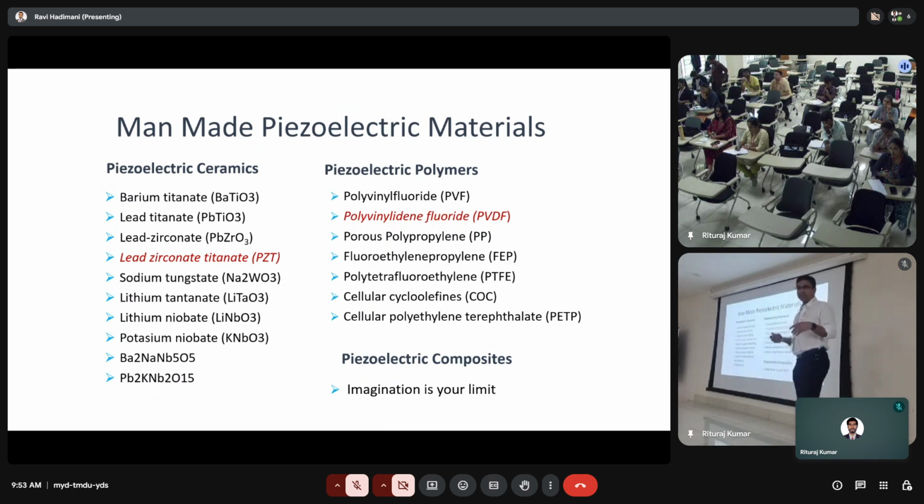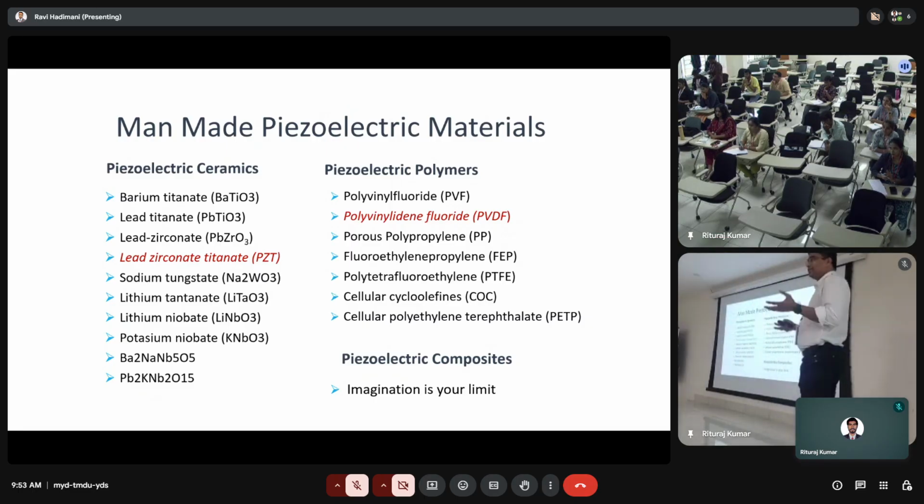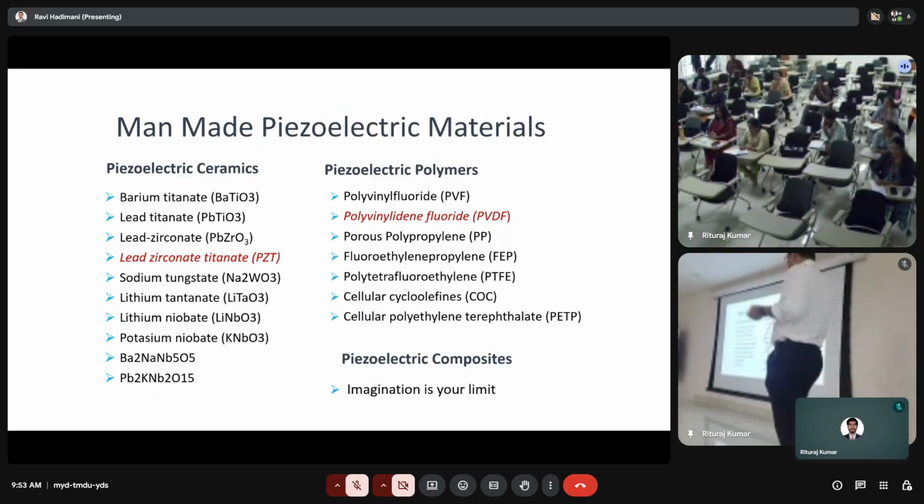Probably polypropylene is in many things, even drinking straws, or many toys. And PVF especially, lots of pipes are made of PVF. So these are very common polymers, but they are not inherently piezoelectric. If you go and hit a pipe and connect a voltmeter, it won't show you anything, because you have to pole it in order to make it piezoelectric.